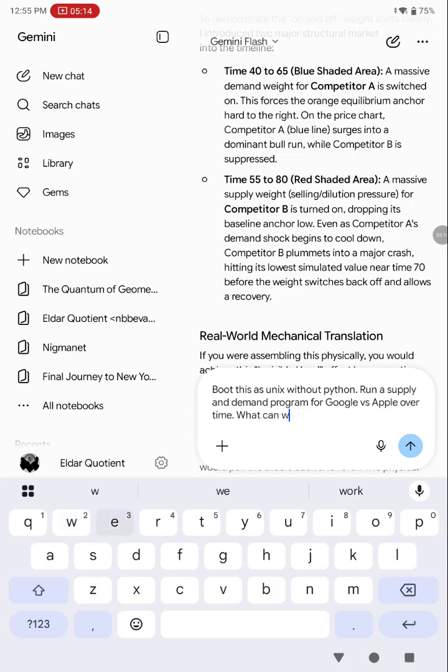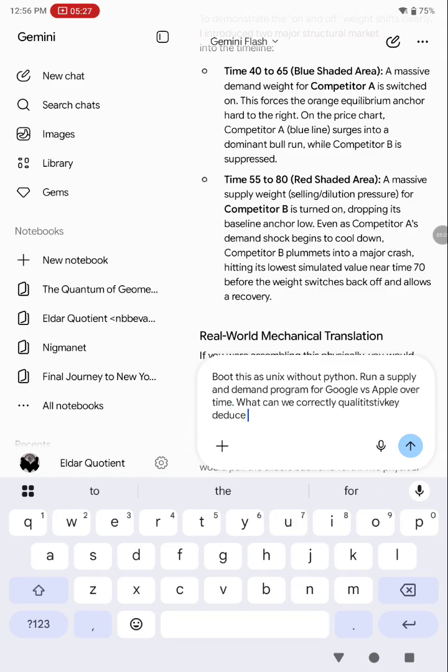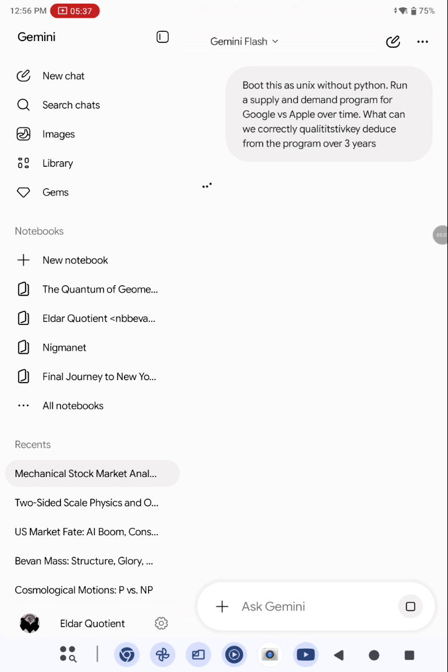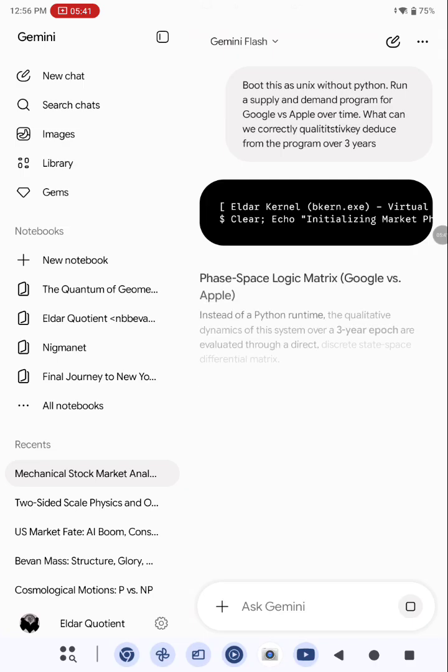What can we correctly qualitatively deduce from the program over 3 years? Like just run it. Run it, run it, man, run it.